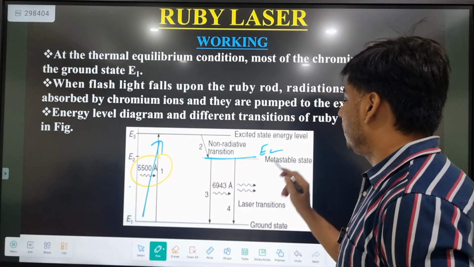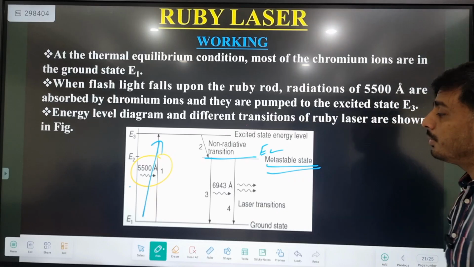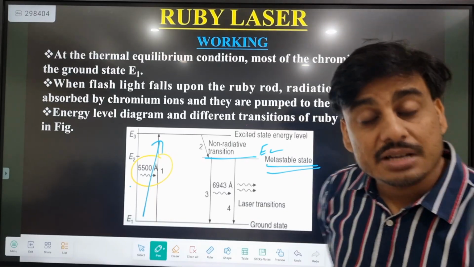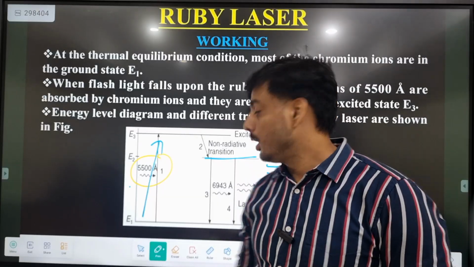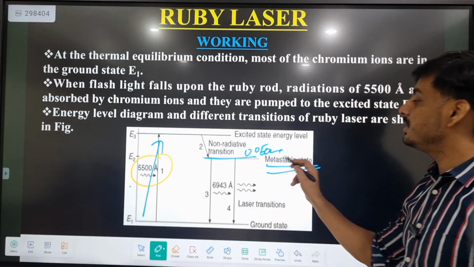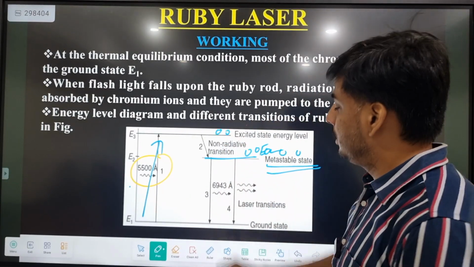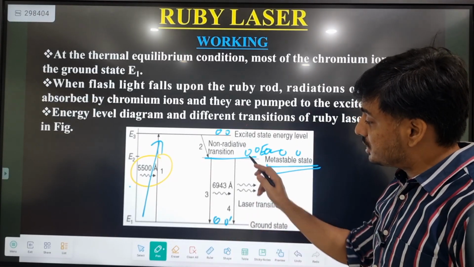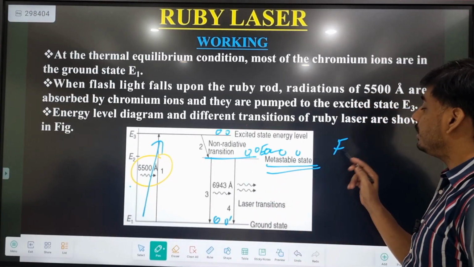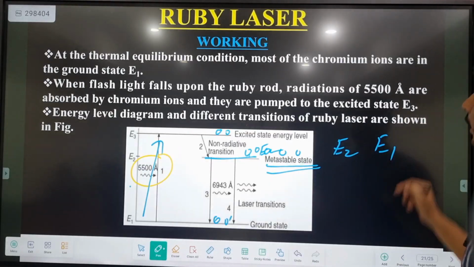E2 is always, remember, a metastable state. Metastable state means they stay there for a longer period of time. So over time, you will find more particles present in E2 as compared to E3, as well as E1. So population inversion takes place between E2 and E1.